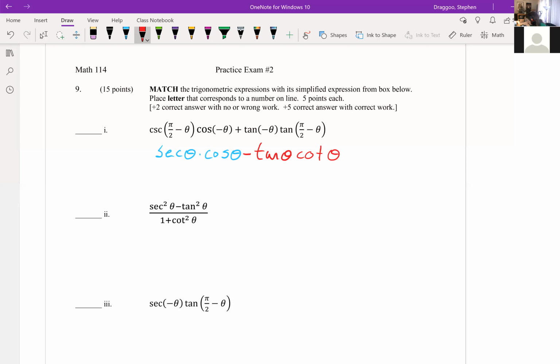Right, so we were continuing on with this mess up here. Secant of theta is 1 over cosine theta, times cosine theta, minus tangent theta, and cotangent theta is 1 over tangent theta. Which, since I'm running out of space, I'll just move over to the right. That's going to be 1 minus 1, which is 0.